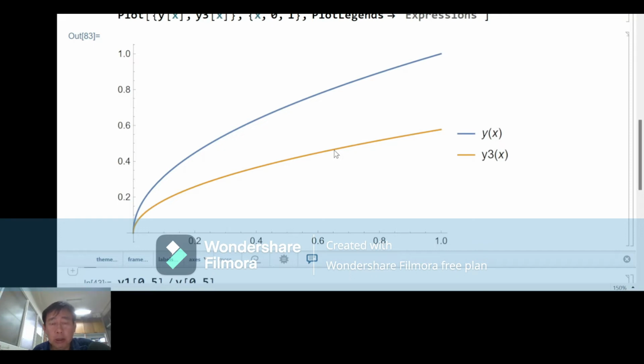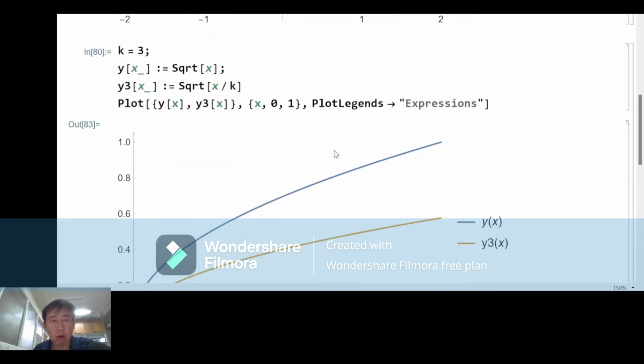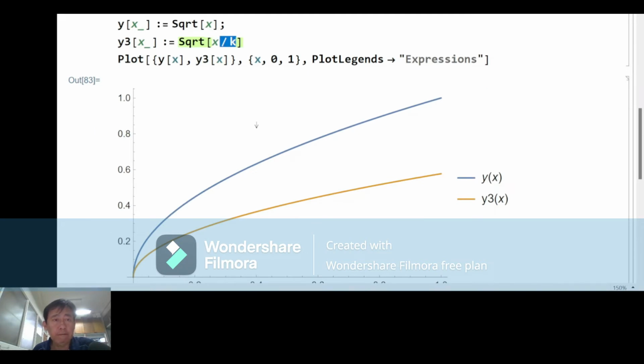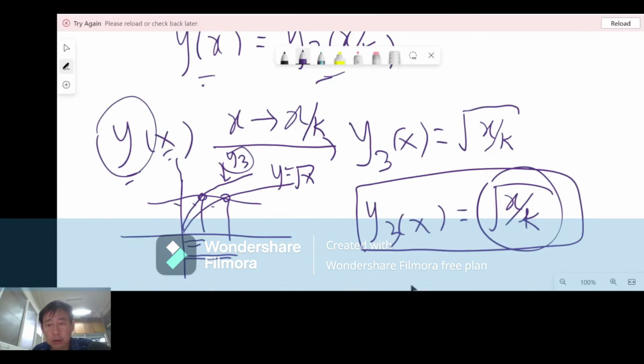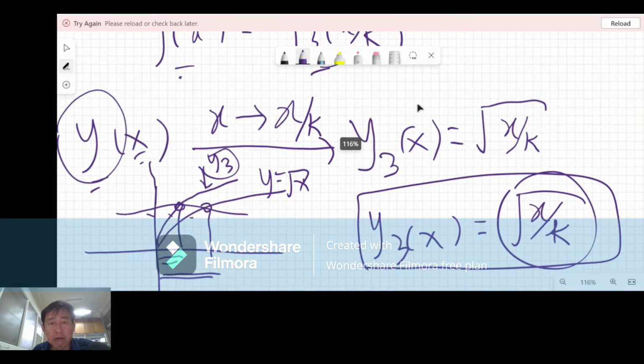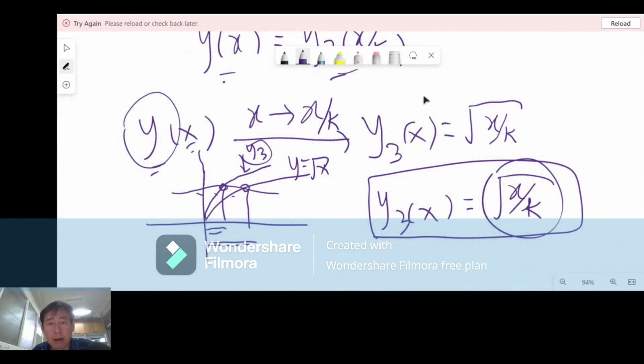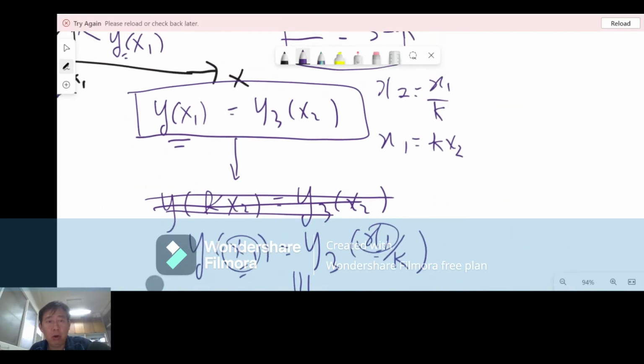It means my argument for obtaining the expression for y3 is wrong. So dividing x by k does not compress the function horizontally, but it actually stretches it horizontally instead of compressing it. So I must have done something wrong in my argument in deriving the compression formula for the function. So let's check where I have gone wrong.